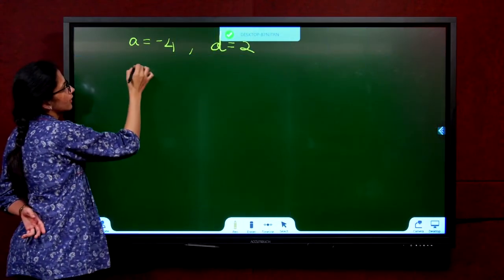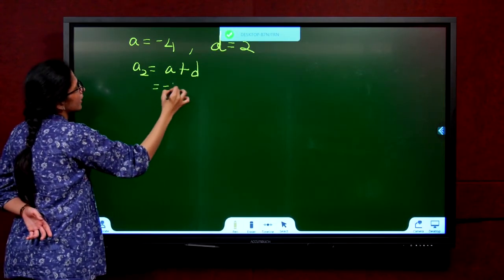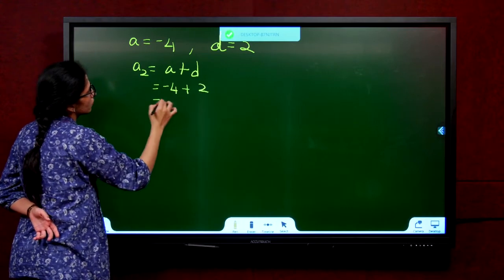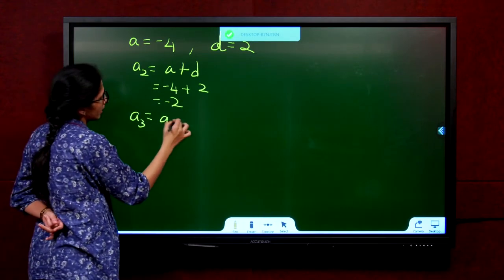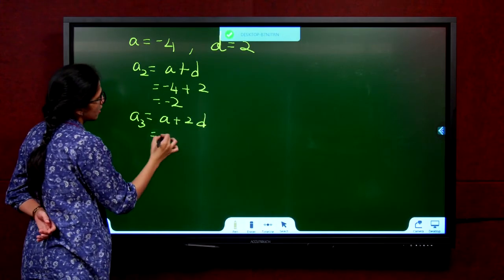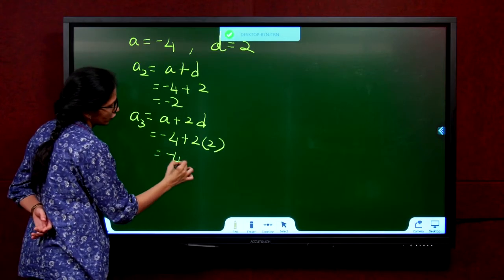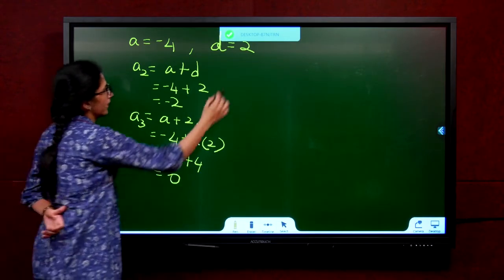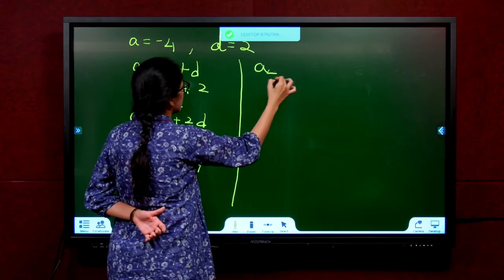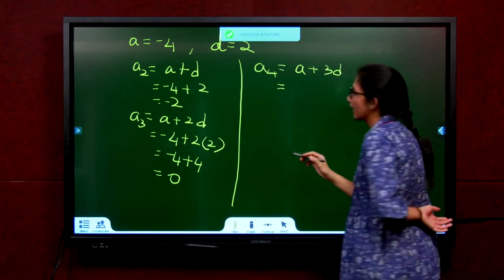Do and go. A2, A plus D, minus 4 plus 2, minus 2. A3, A plus 2D, minus 4 plus 2 into 2, minus 4 plus 4, 0. Next, A4, A plus 3D. What is A?